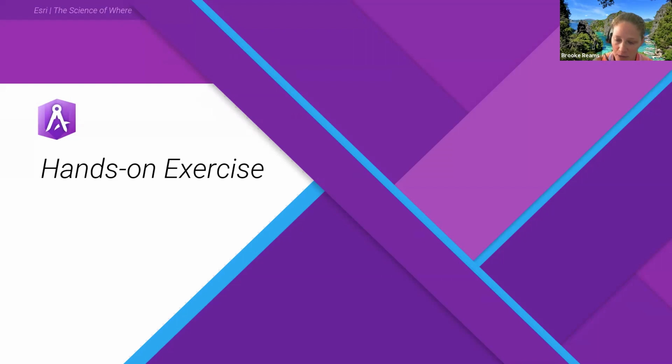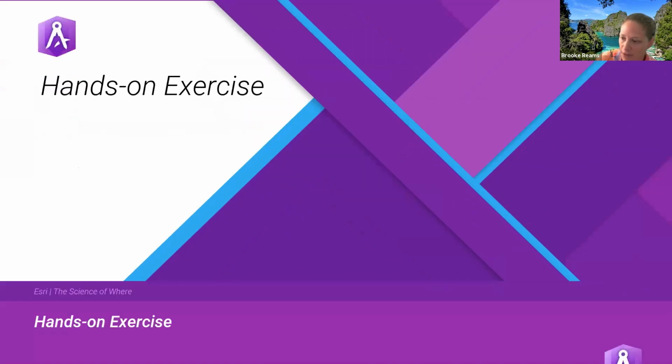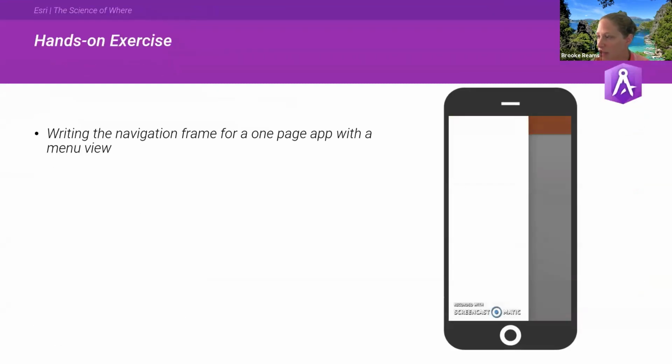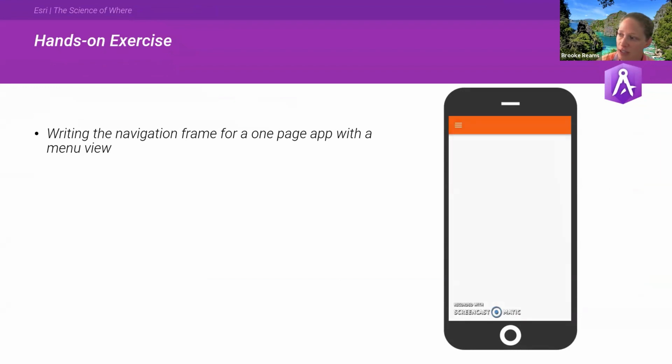We're going to create a nice landing page when the app is launched with just a toolbar and a tool button. That tool button looks like a menu button, and when the user clicks the menu button, it's going to open up this little drawer. This is one of 3 hands-on exercises, so the other 2 will actually build on this first one.